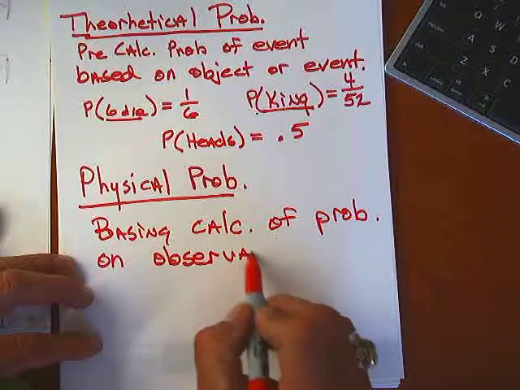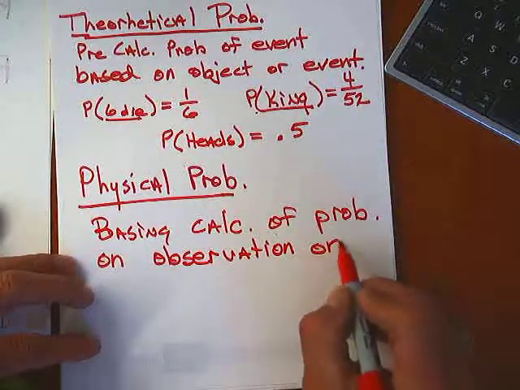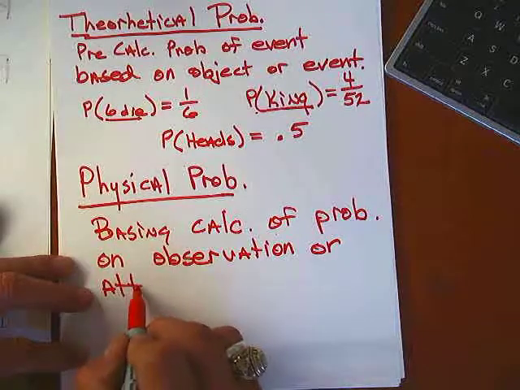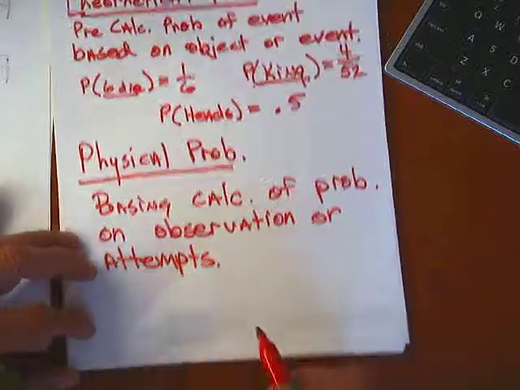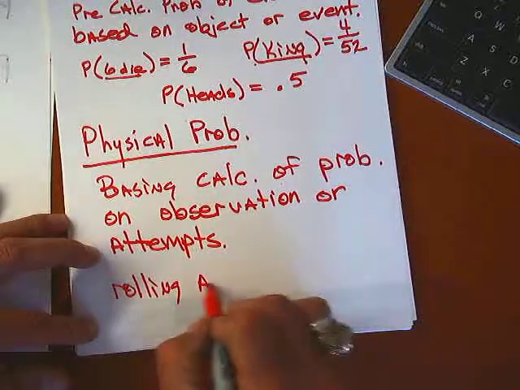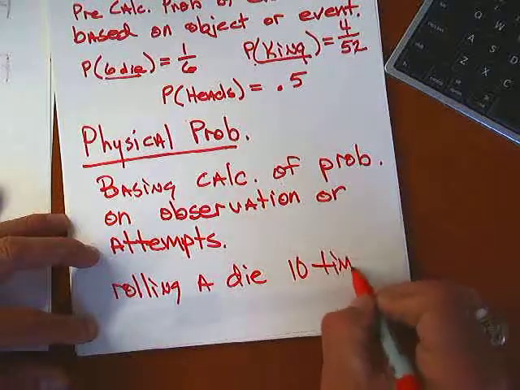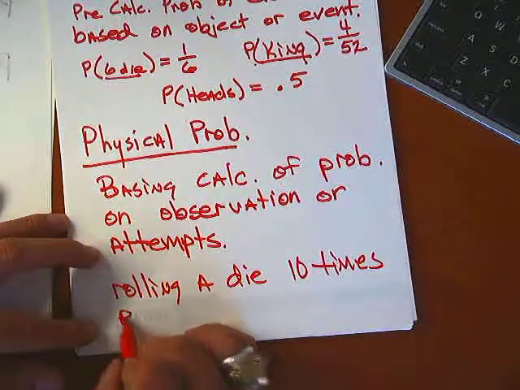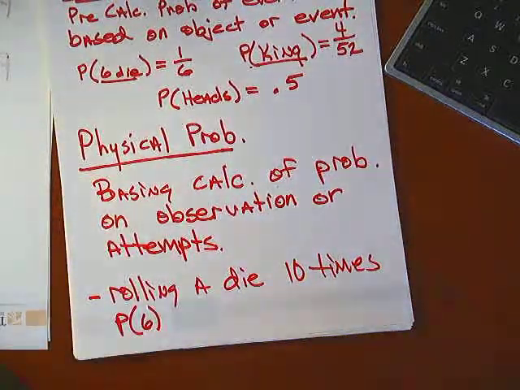Physical probability is basing your calculation of the probability on observations or attempts.